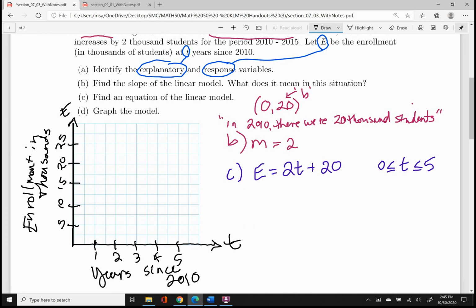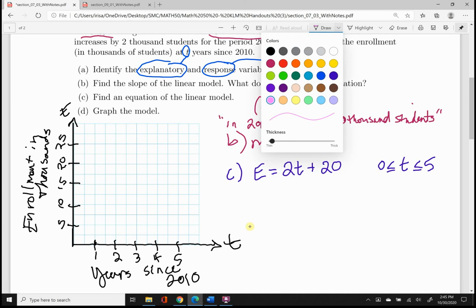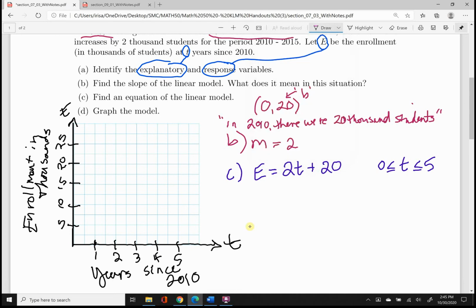Great. So let's go back to that pink color. Cute. Okay, so we're at 20 as the initial condition. Maybe I'll go up to 5 and I'll use my formula to determine what the enrollment is at year 5 after 2010, aka 2015.